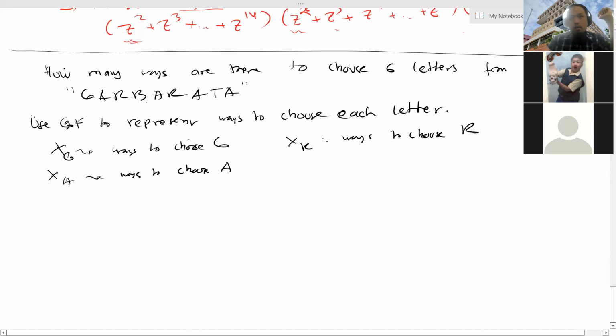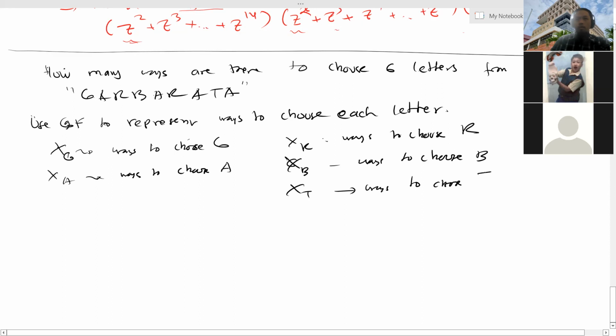G, A, R, B, and T, right? So we have XB, the ways to choose B, and finally XT is the ways to choose T, right?